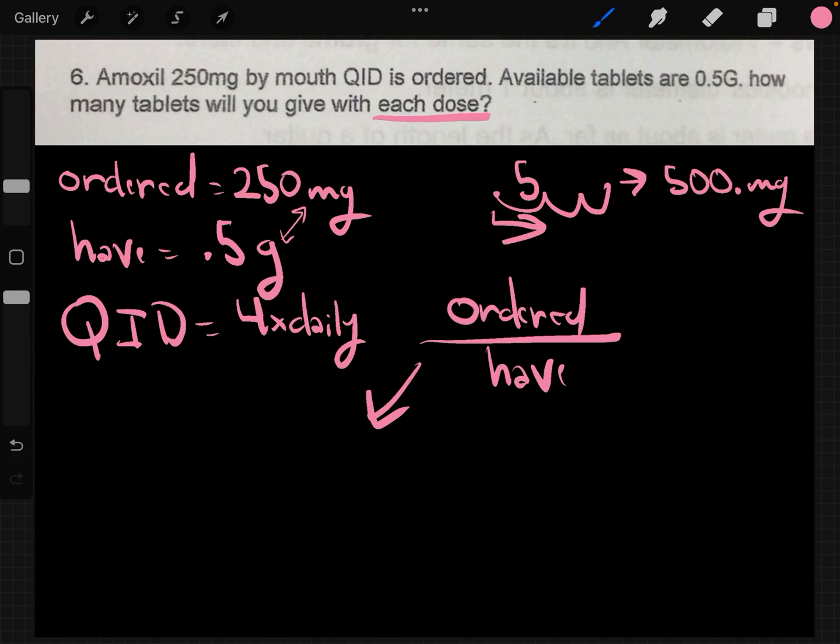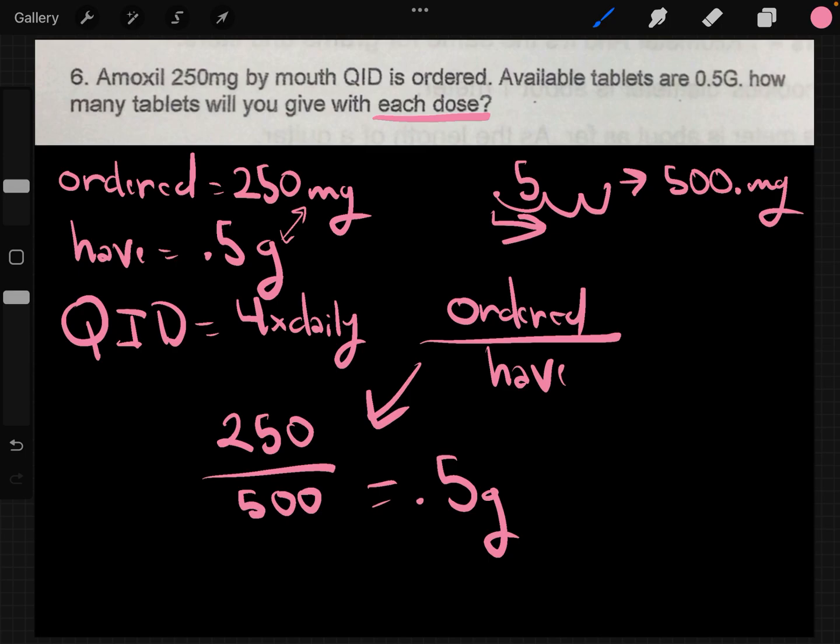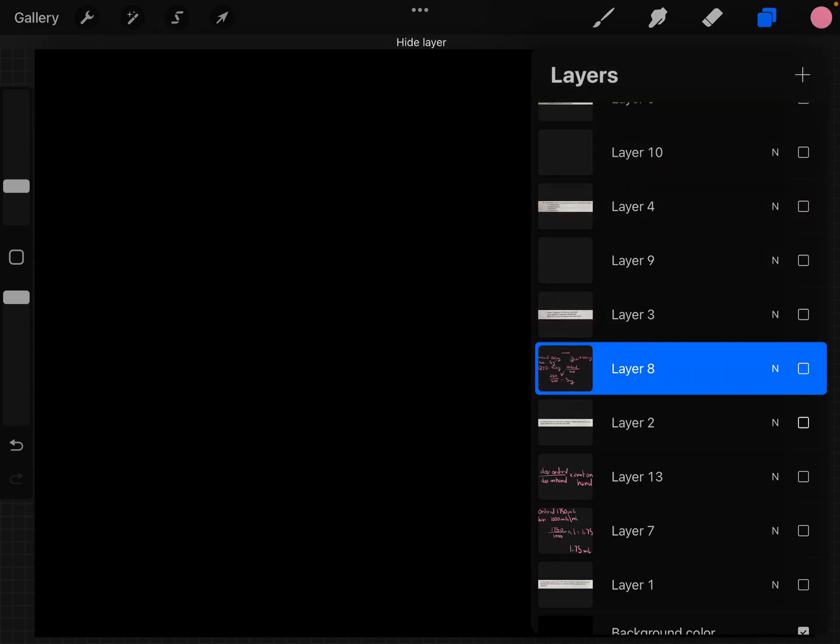So that would be 250 divided by 500. Gonna do the math off screen. And the answer is equal to 0.5 tablets. Okay? Moving on to the next one.